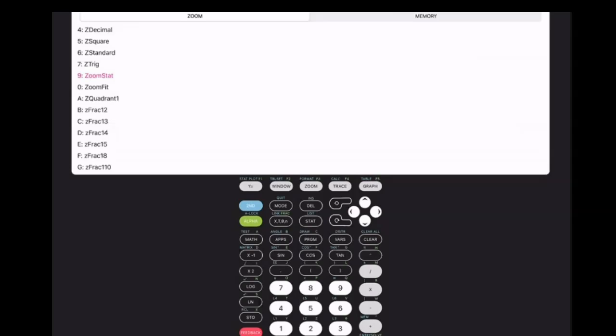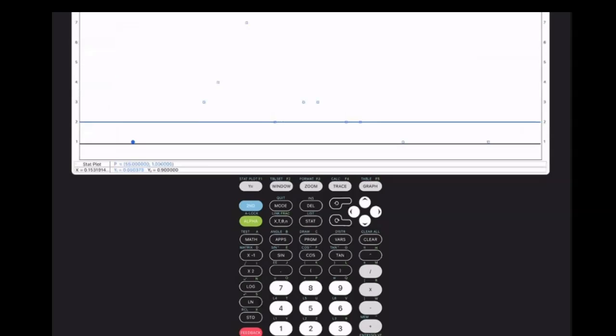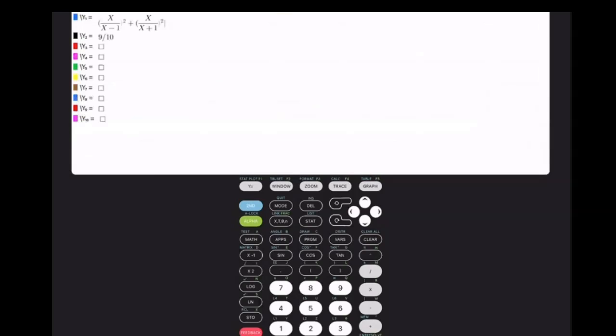We're in stats, so we're going to look at zoom stat. All right. Now, whoa, look, you see all this weird stuff right here. There's a couple of reasons why that's happening. One of the reasons is I got something in my y equals. I need to clear that from here. And my second reason, I think that should be it.